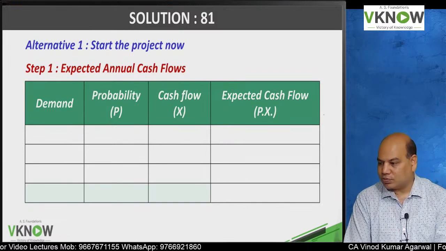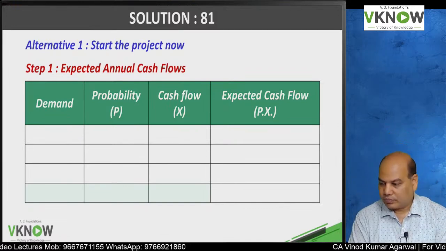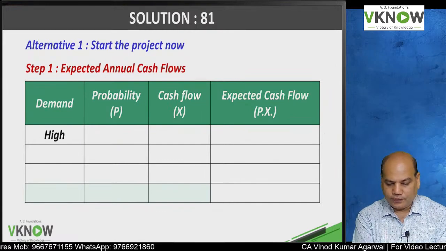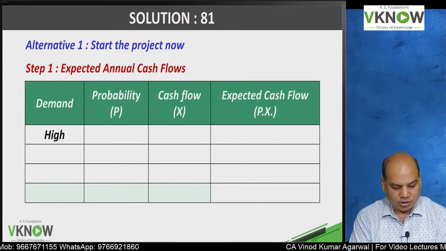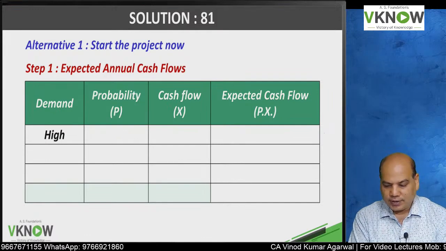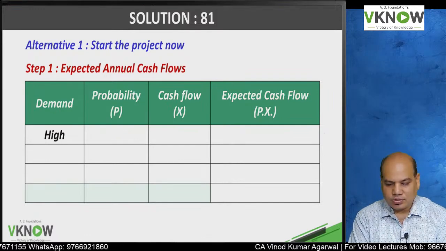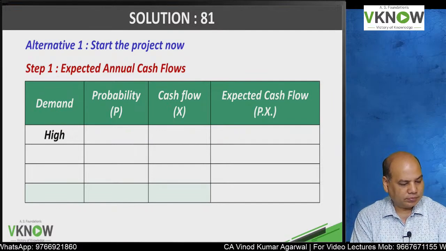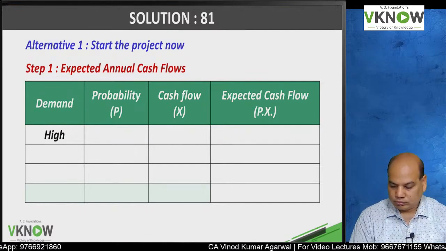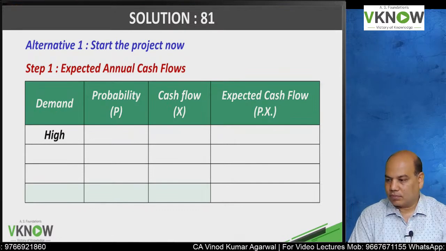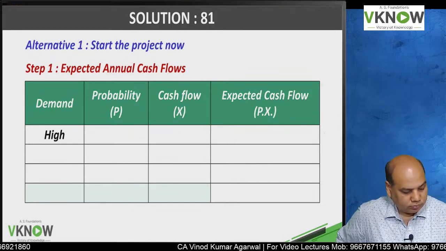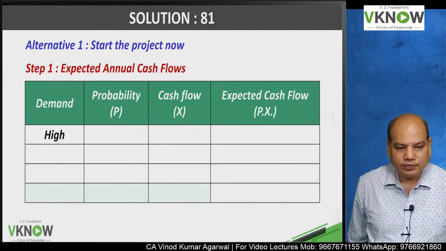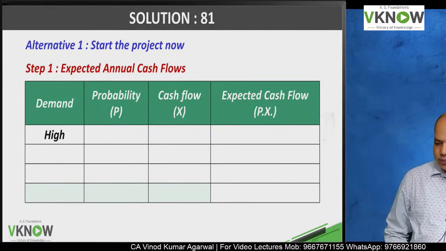Expected annual cash flow I will compute first. Draw 4 columns: demand, probability, cash flow, expected cash flow. Solve yourself.